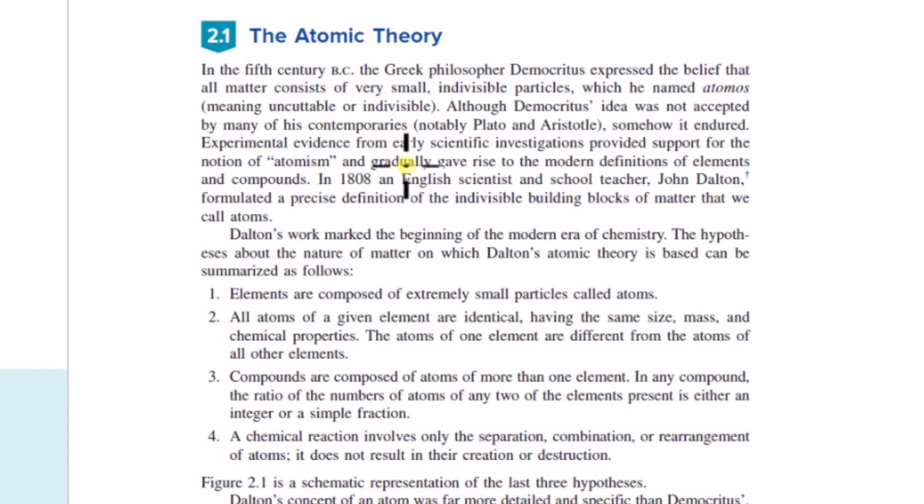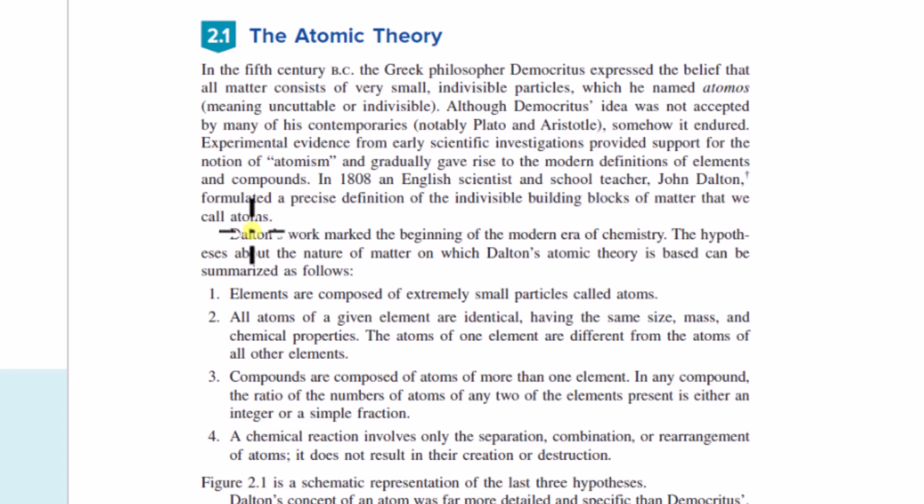Experimental evidence from early scientific investigations provided support for the notion of atomism and gradually gave rise to the modern definitions of elements and compounds. In 1808, an English scientist and schoolteacher, John Dalton, formulated a precise definition of the indivisible building blocks of matter that we call atoms.